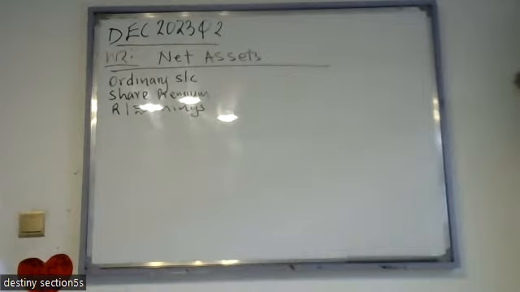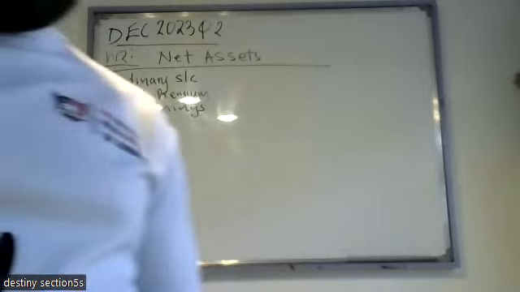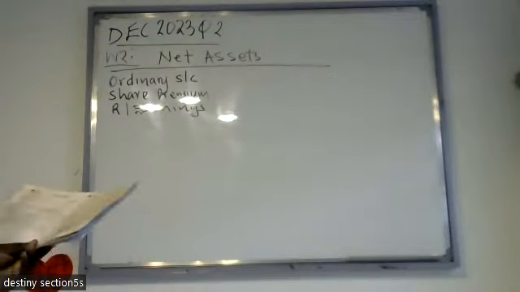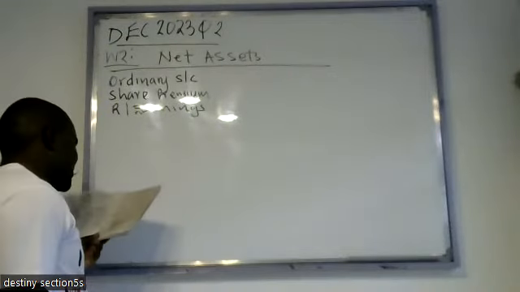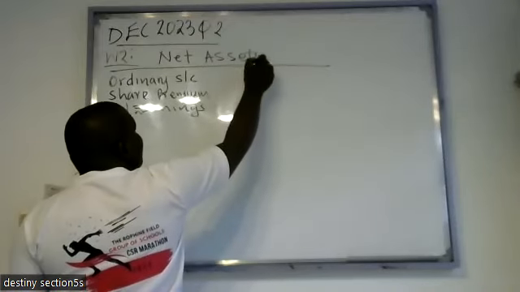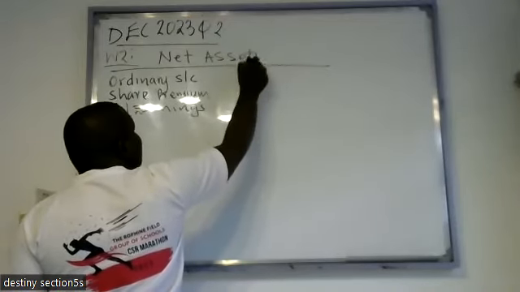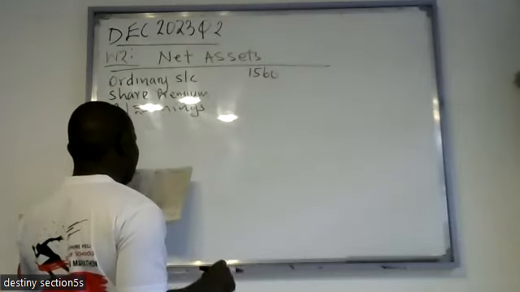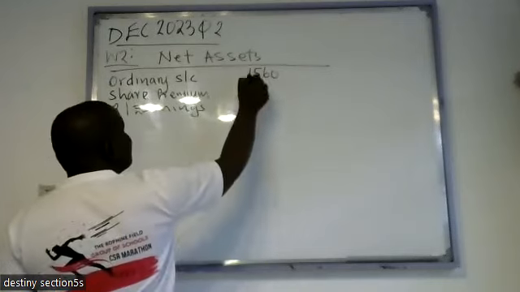We want to look for the value of this revaluation. So ordinary of S you will be able to see 1560. Of course, remember they are in crowns. So 1560. Share premium, 200.